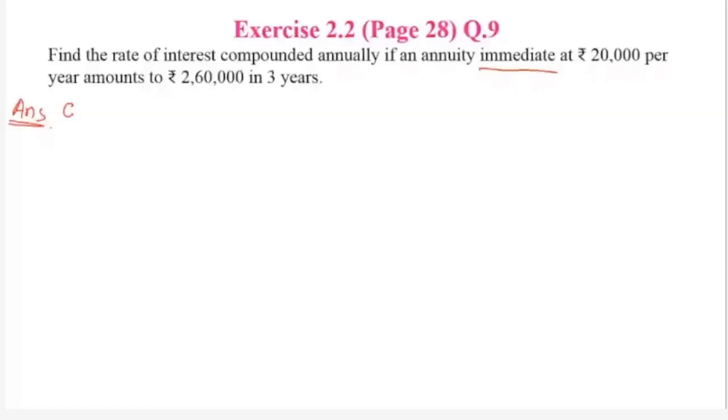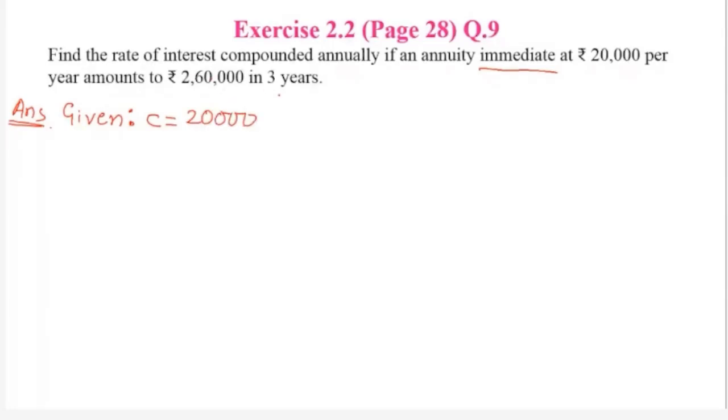Given. What all things are given? What is this 20,000? 20,000 per year, every year. So it is C. C is equal to 20,000.